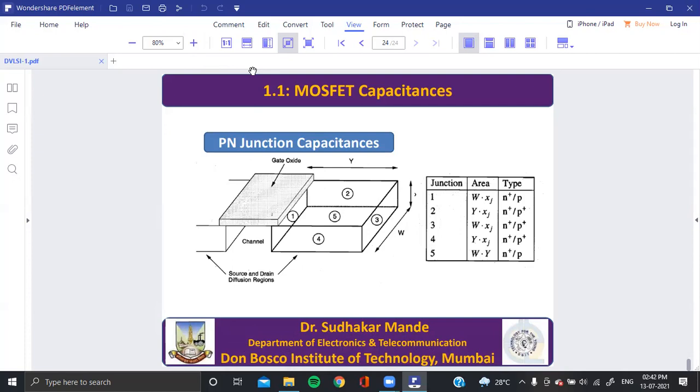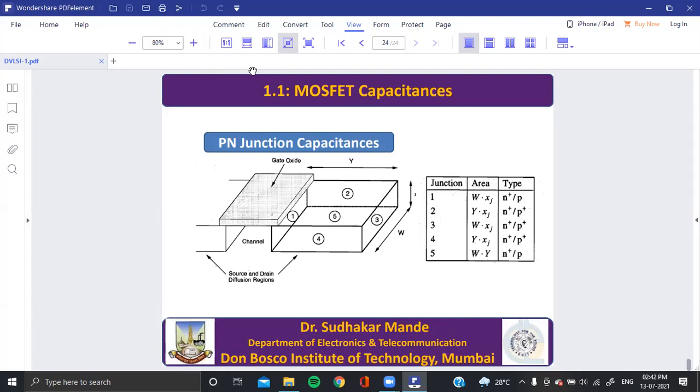Today we have seen MOSFET operation and then MOSFET capacitances. There are 2 types of MOSFET capacitances. One is junction related and the other is oxide related. For oxide related capacitances, there are 2 types: one is bias dependent and the other is bias independent.